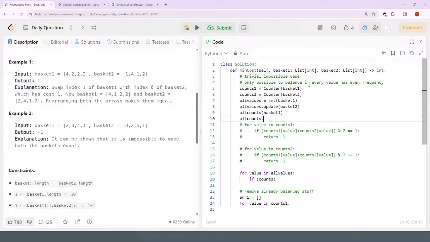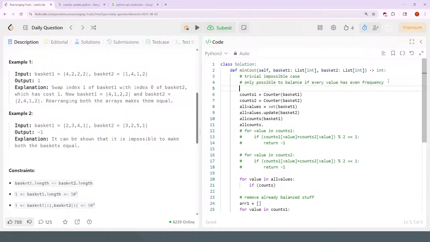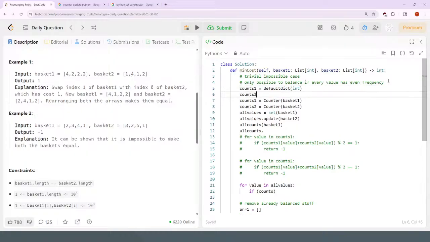Counts 1 as a default dictionary. Can I please type? Counts 2 is a default dictionary.